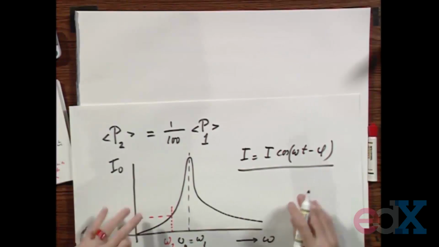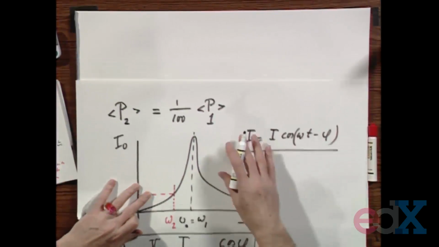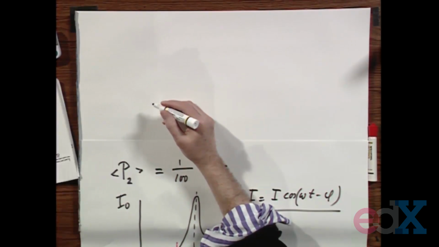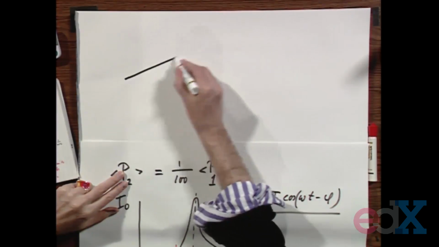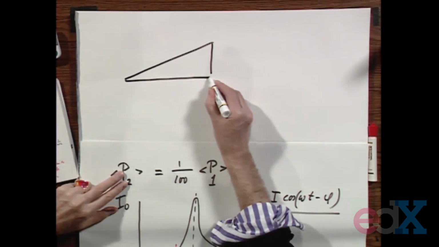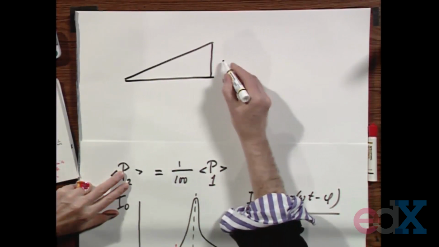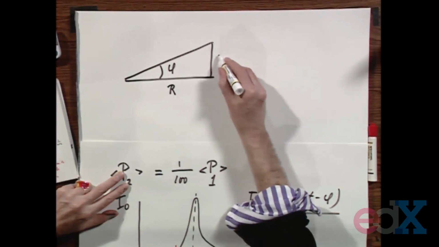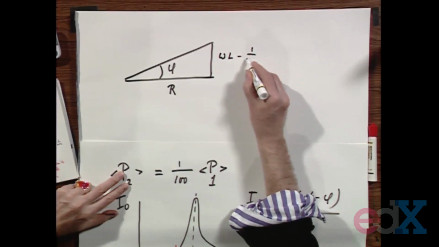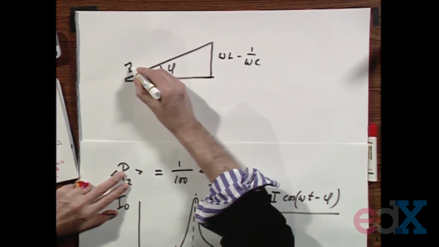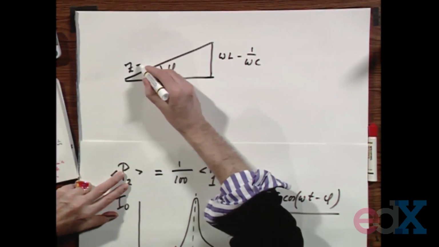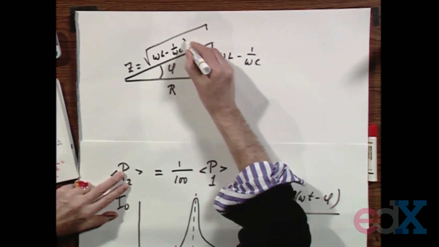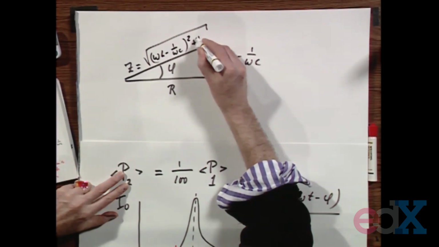And the way that you can best solve this is in the following way. Let me first calculate the value for phi. The value for phi is given as follows. This is R. This is omega L minus 1 over omega C. We got this from phasor diagrams, and we call this the impedance, which is the square root of omega L minus 1 over omega C squared plus R squared.